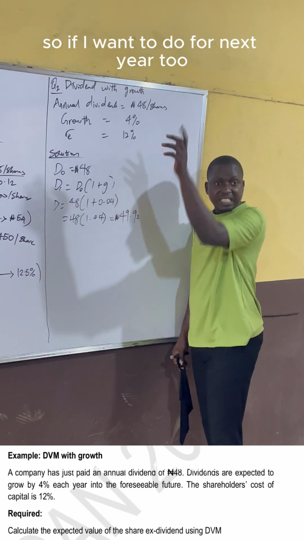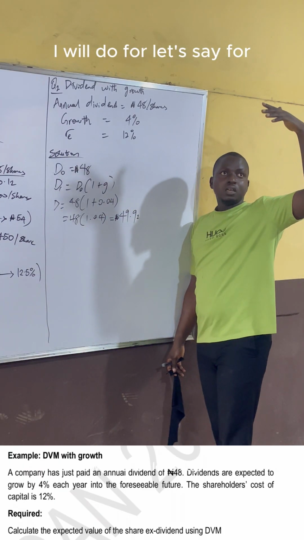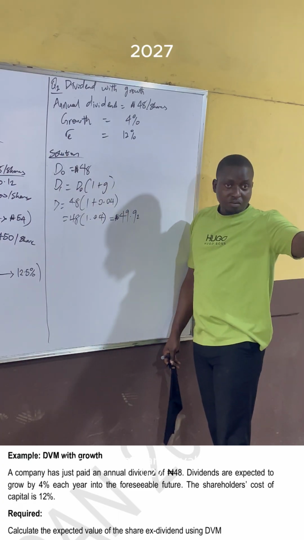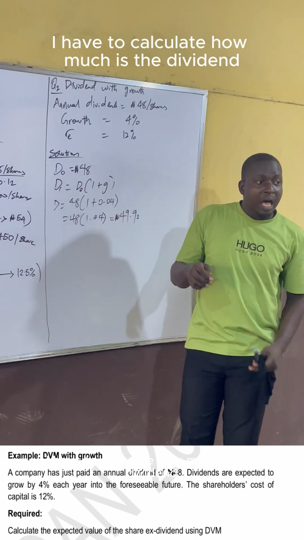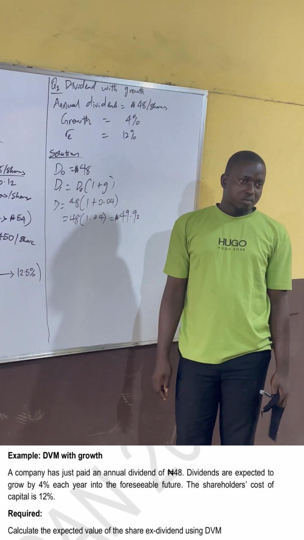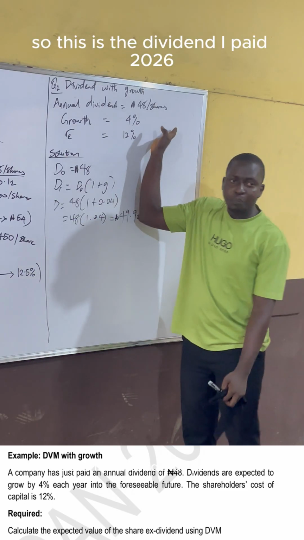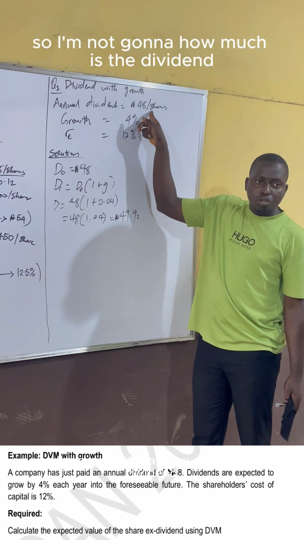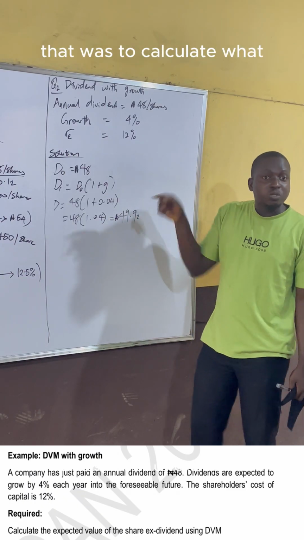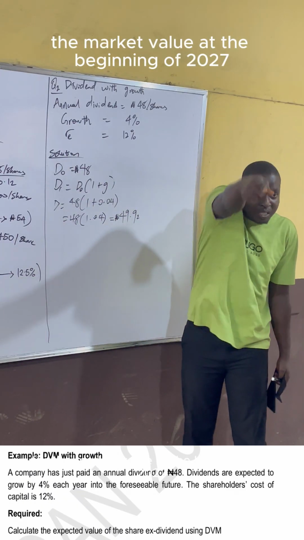If I want to do it for next year too, say I want the market value of 2027, I'll have to calculate the dividend I will collect at the end of 2027. This is the dividend I paid in 2026, so I'm not looking at the dividend I will collect at the end of 2027, which comes in to calculate the market value at the beginning of 2027.